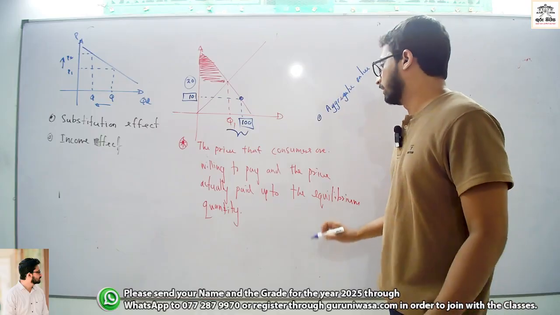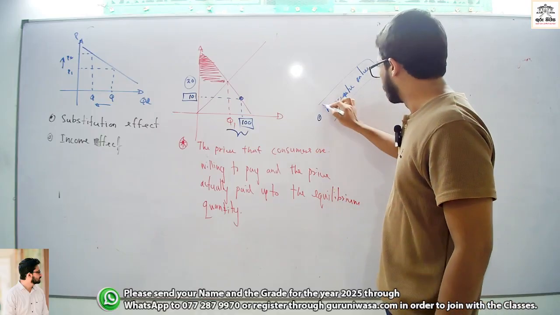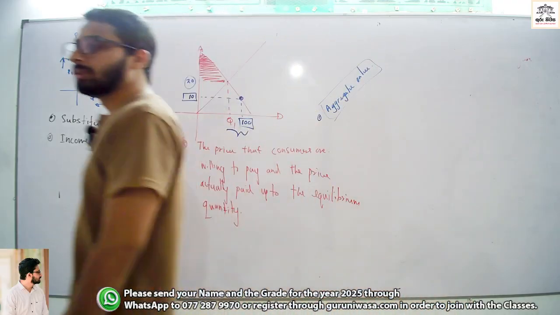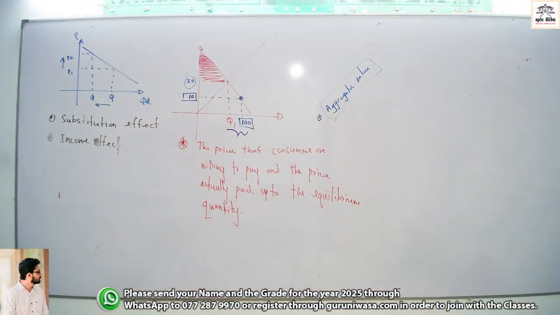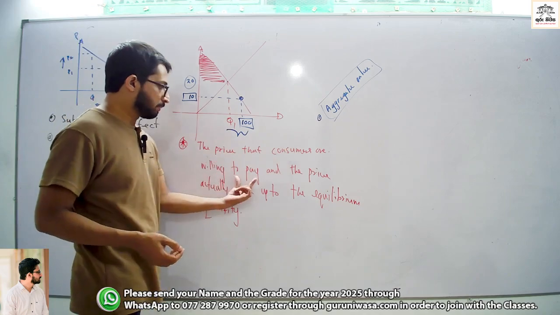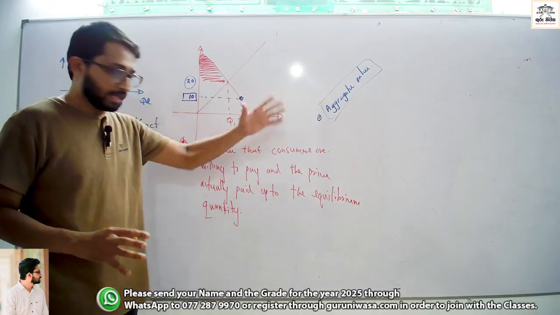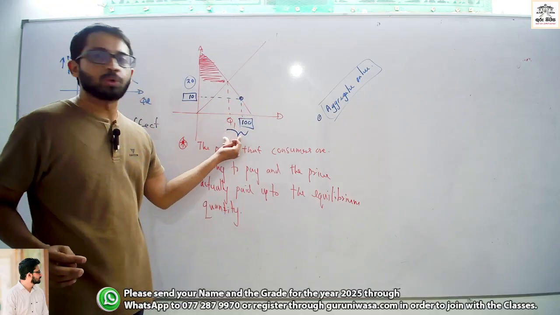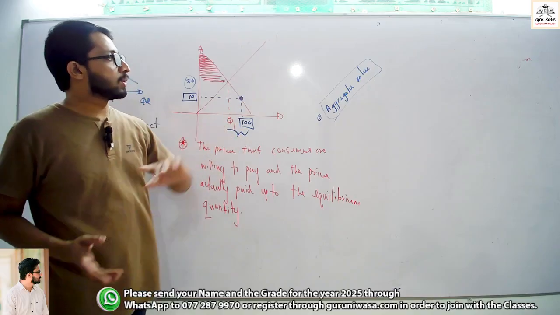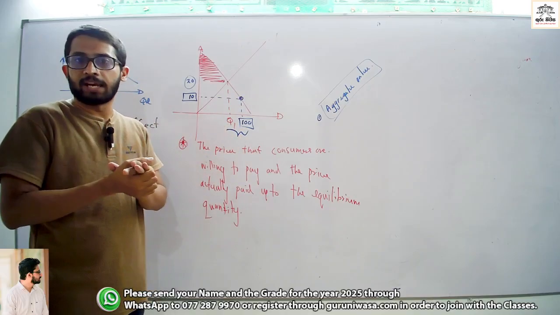Then you need to include these parts, and then your definition will be a perfect definition. Did you get the point? But most of you had mentioned only the base of the definition. The base is this: it is the difference between the price that consumers are willing to pay and the price actually paid. Yes, that's correct. But at this part as well, number one, it is calculated up to the equilibrium quantity, and also it's a type of aggregate value.